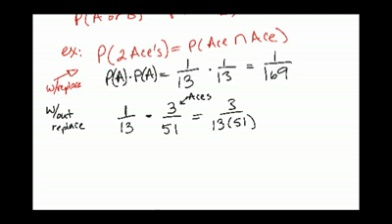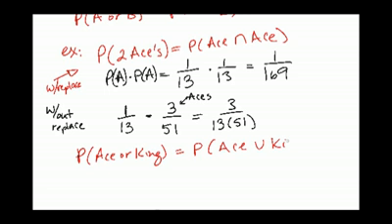Alright? So for the OR example, what's the probability of pulling an ace or a king? So with replacement, the probability of each of those will be 1 out of 13.